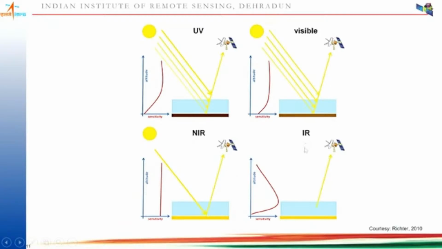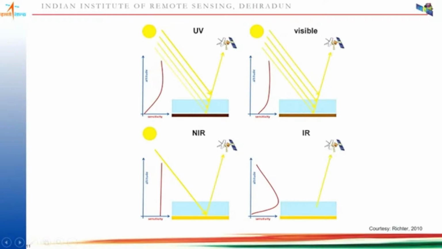When we talk about the far infrared, or thermal infrared, the scattering is neglected. There is no scattering, but of course there is emission. This emission can happen from various layers in the atmosphere, and different layers will have different emissions. Depending on the temperature and the water vapor, they will emit differently.